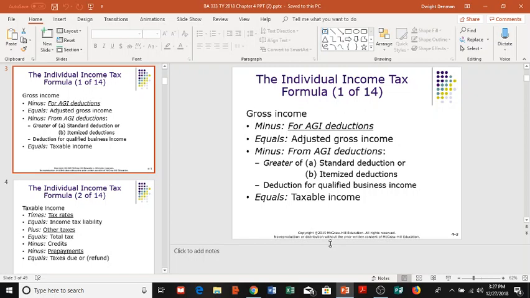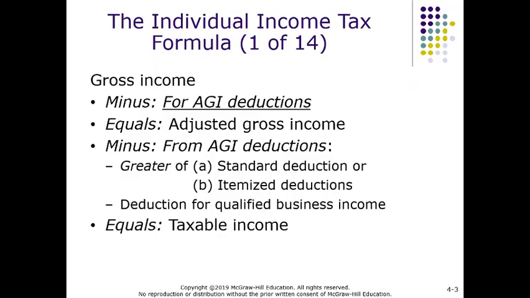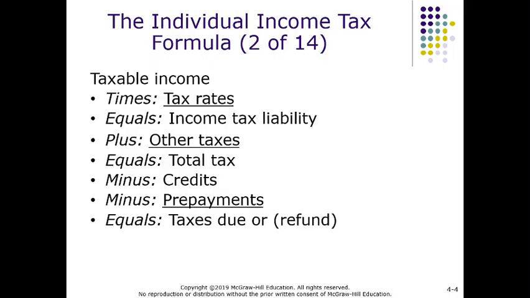All right, so moving on. You take your taxable income and you multiply it times the tax rates to calculate your income tax liability. To that, you add any other taxes. That equals the total tax.